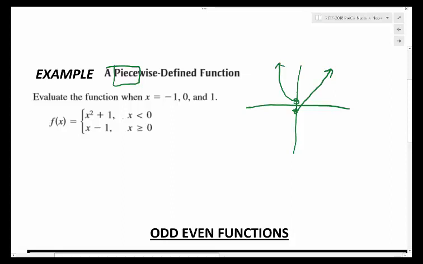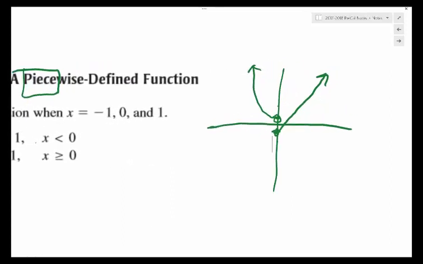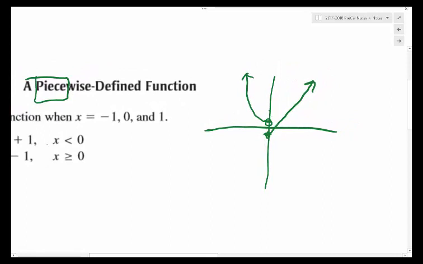So what you have here are two pieces that create this function. Notice I have a hole right here, but down here this is solid. This was determined by my symbols or my signs, whether or not they had an equal sign.